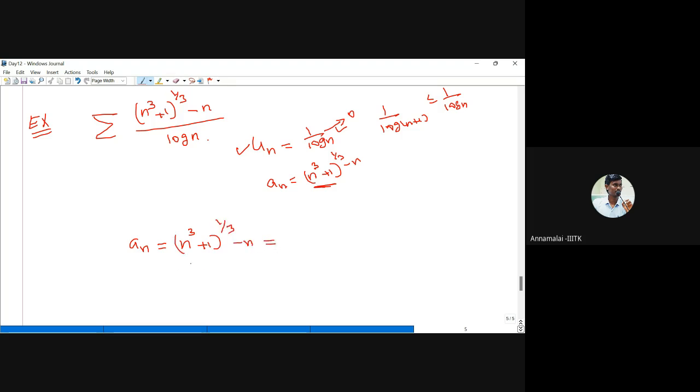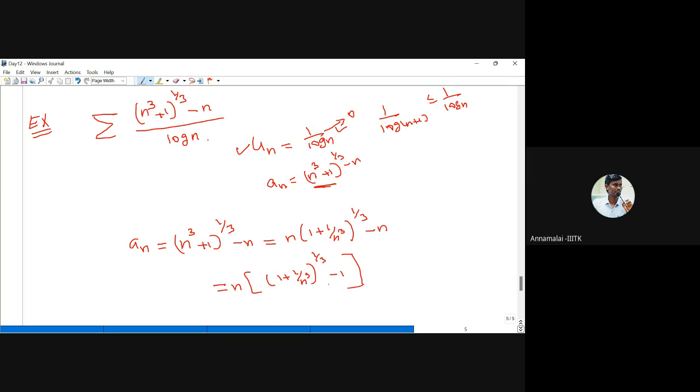From the first term you can take n cube outside, n cube power 1 by 3 gives n, so we have n times (1 plus 1 by n cube) power 1 by 3 minus n. Both terms contain n, so you can take n outside: n times ((1 plus 1 by n cube) power 1 by 3 minus 1).